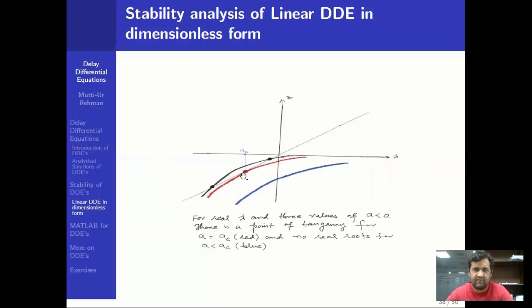For this one, I have a single point of intersection with the line Z equal to lambda, and this is basically tangent to this curve. So at A equal to A_C, on the red curve, we have a point of tangency. And if A is less than this, then we have no real roots.